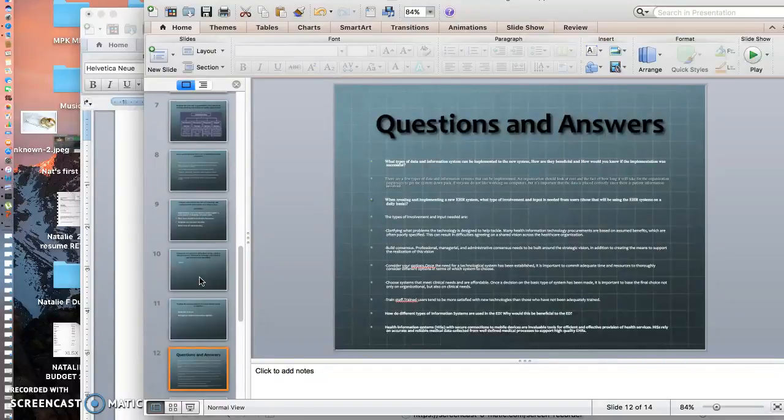How do different types of information systems use an ED? What is the benefit to the ED?